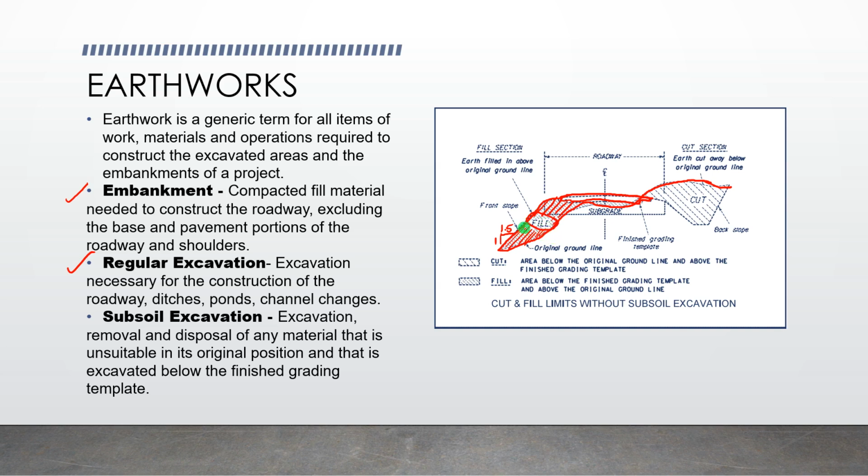On the other hand, for the excavation, the volume of soil needed to be removed on the existing ground surface, existing ground line, which is this one. In this provision of this cross section, we put drainage.